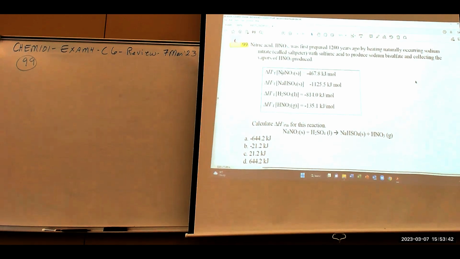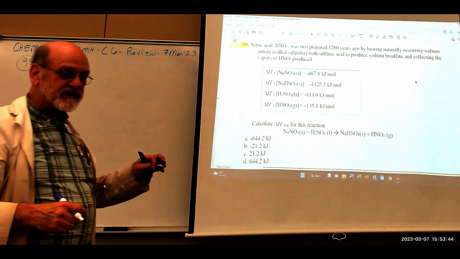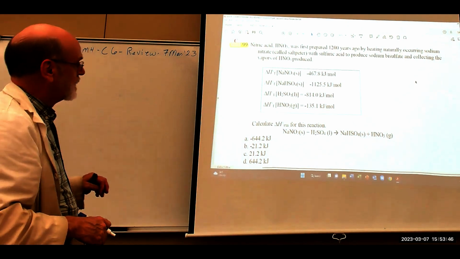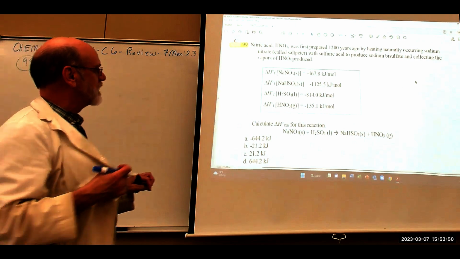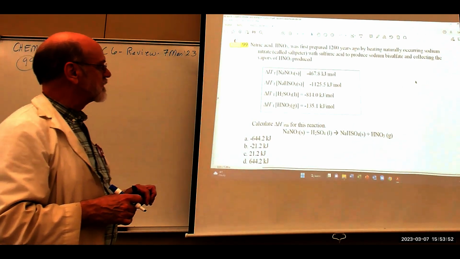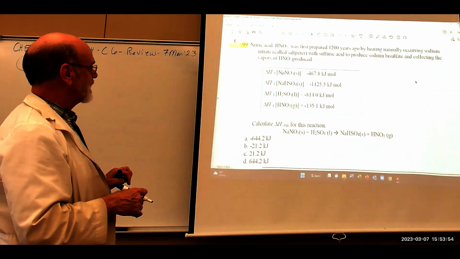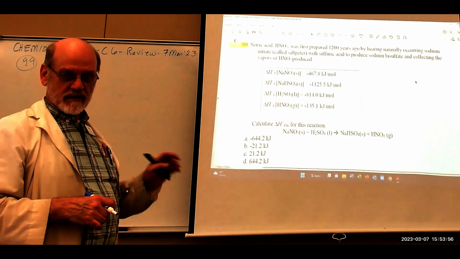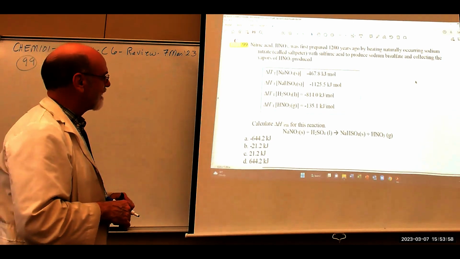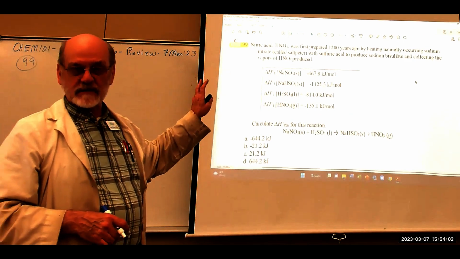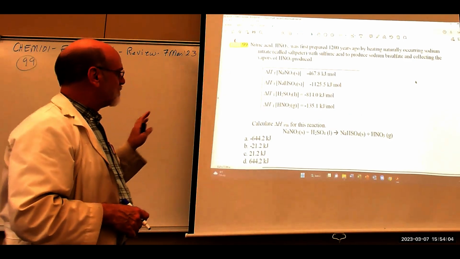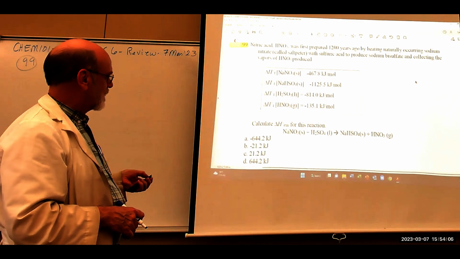All right, so this one says nitric acid, HNO3, was first prepared 1,200 years ago by heating naturally occurring sodium nitrate with sulfuric acid to produce sodium bisulfate and collecting the vapors, which are HNO3. Most of that is fluff. The important part is here.